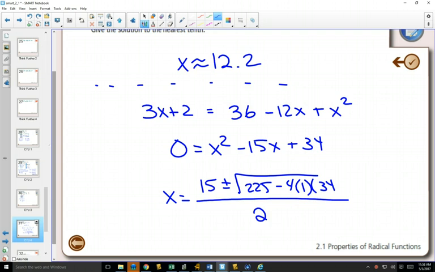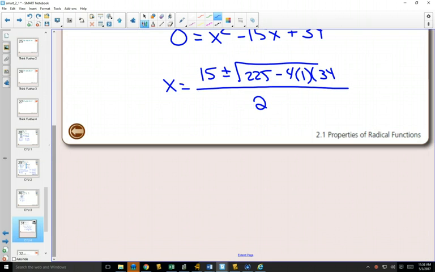So I get 15 plus or minus the square root of 225 minus 4 times 34, which is 136. 225 minus 136 is 89. So we get the square root of 89 over 2.